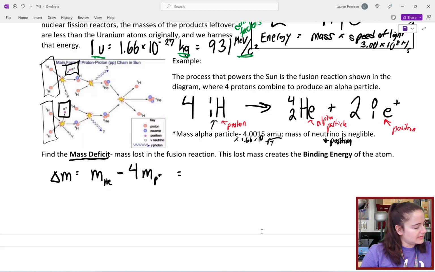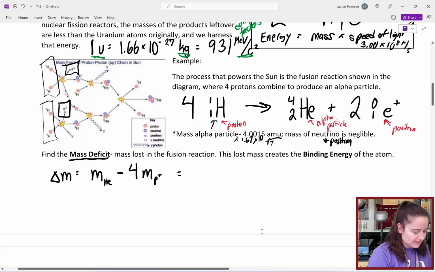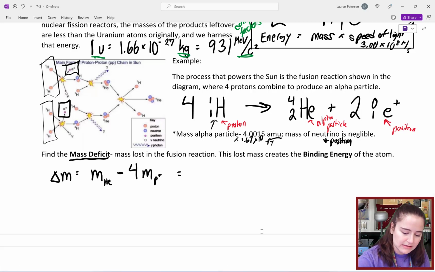That gives us 4.0015 times 1.67, 67, not 66. 1.67 times 10 to the negative 27. So that tells us that the mass of that helium is 6.